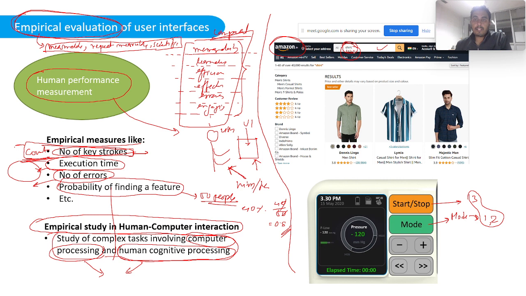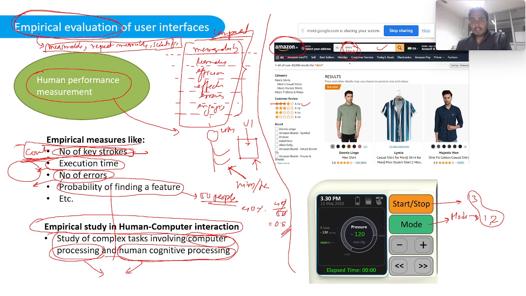He will type this particular item name, here it is shirt. Then you will have a list of shirts, then there will be menus where you can select all the shirts which got more than 4-star rating. Then you have certain shirts available, then you can select one of them. So this is one particular approach.